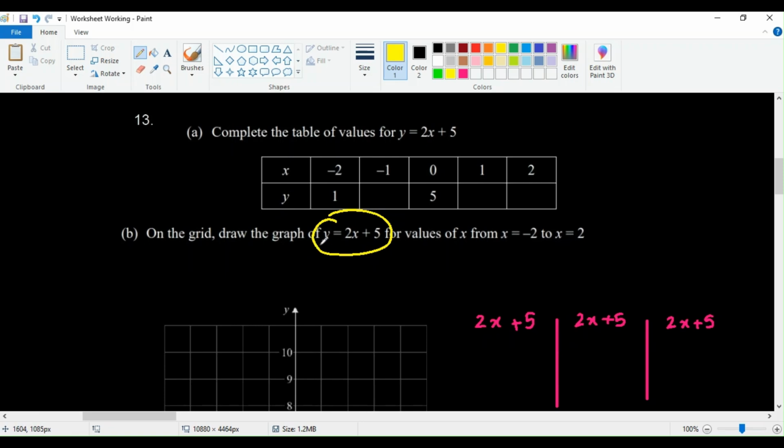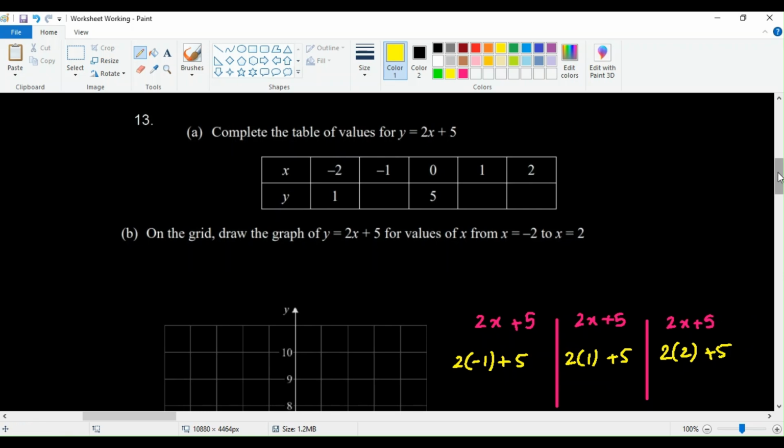Here we are replacing minus 1, 1 and 2. Let's see. So 2 times minus 1 plus 5, 2 times positive 1 plus 5, and 2 times 2 plus 5.